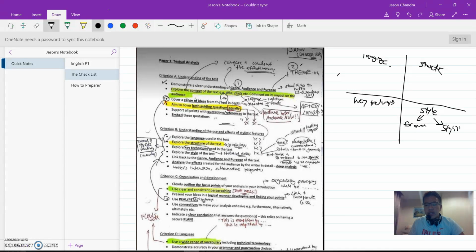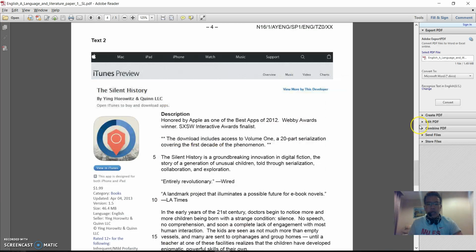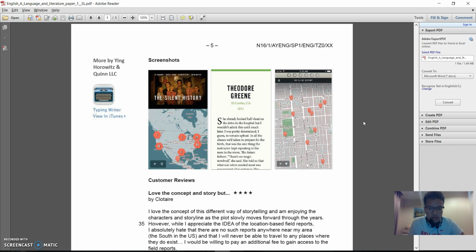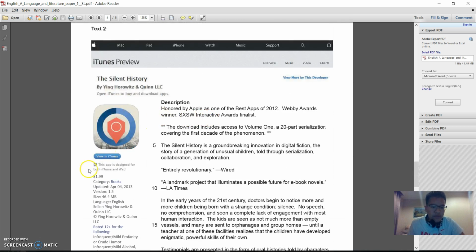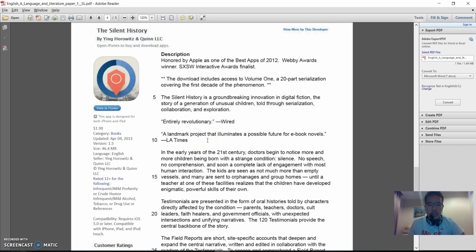The difference between them is formal features is what you expect. So like in an iTunes page, you expect there to be a buy sign, right? Or let's just say there has to be a buy, purchase this app, or this, view in iTunes. You expect that. That's what you expect. Stylistic feature is the author's intentions, or the publisher's intentions.